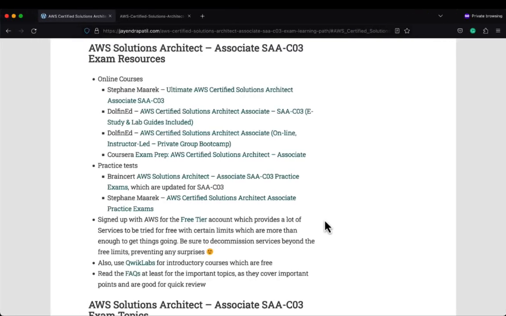I prepared for the exam for over a month and a half. A month mainly going through the online course and trying out hands-on, and the last 15 days practicing the tests and looking out for my weaker areas and reading the relevant AWS documentation.